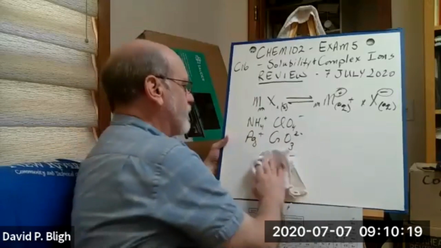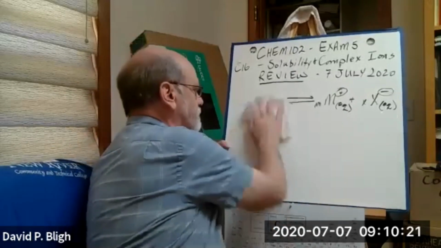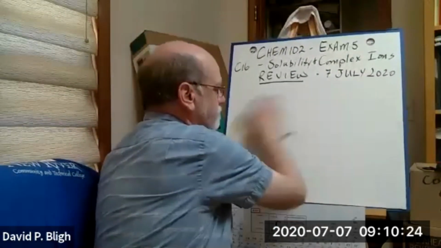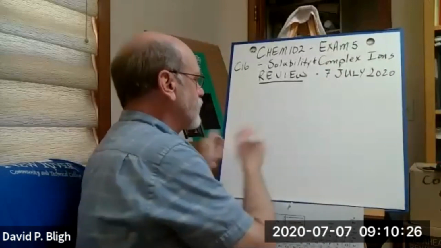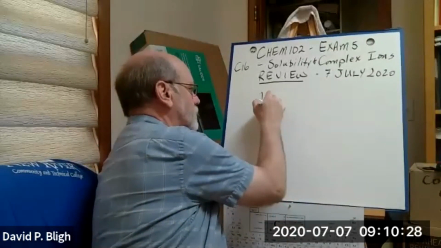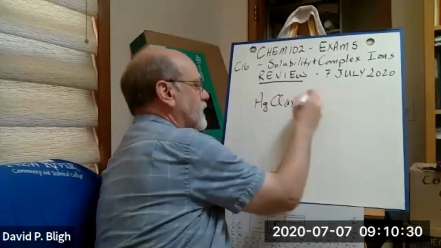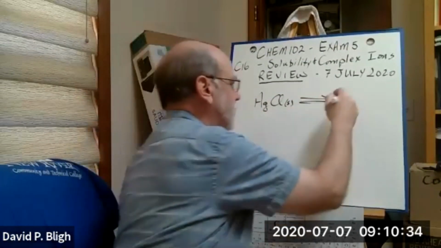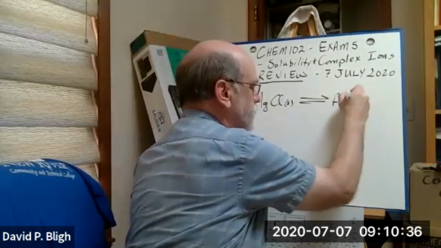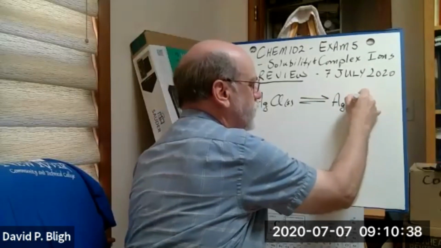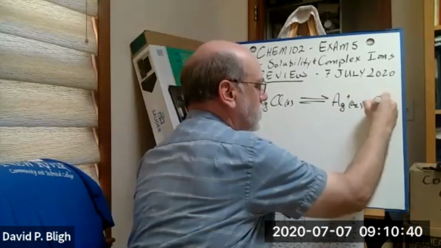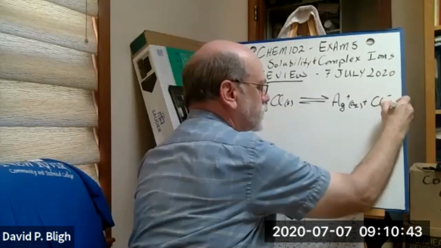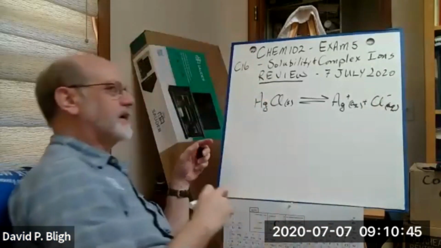Let's use a real example. So if we have this solid and we introduce it into pure water, then it would dissociate to a very small amount into these two ions, right?